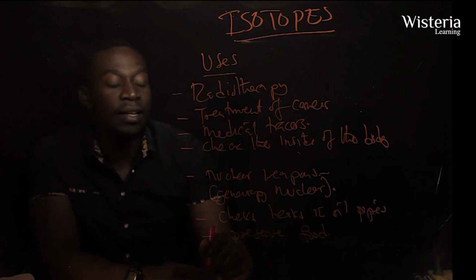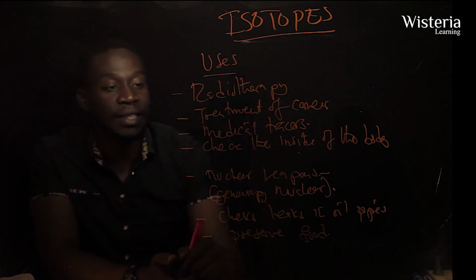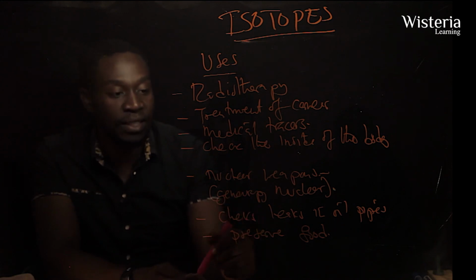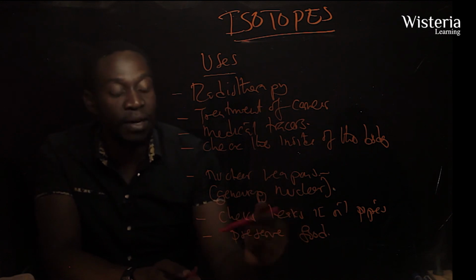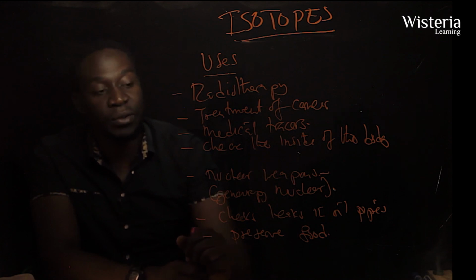So these are the main uses for isotopes: in radiotherapy, in the treatment of cancer, as medical tracers, to check the inside of the body, in nuclear weapons, to generate nuclear power, to check the leaks in oil pipes, and to preserve food. So on this question on isotopes, they will ask you some simple questions.